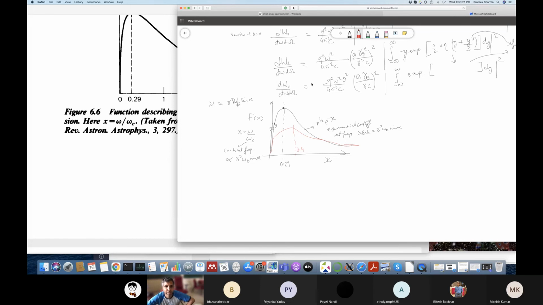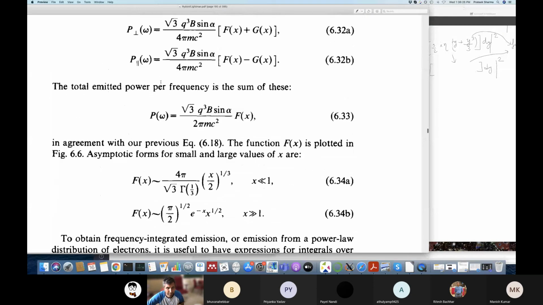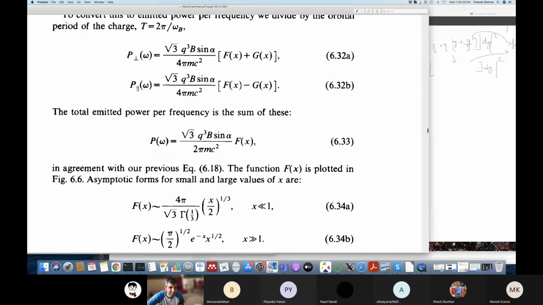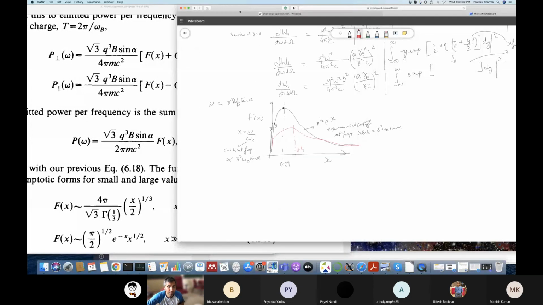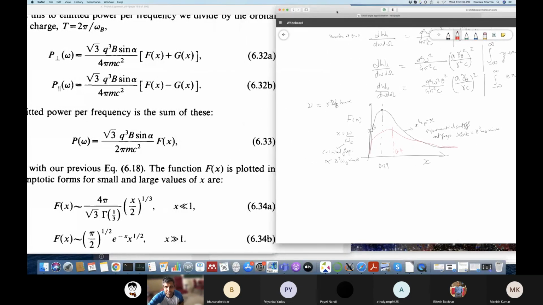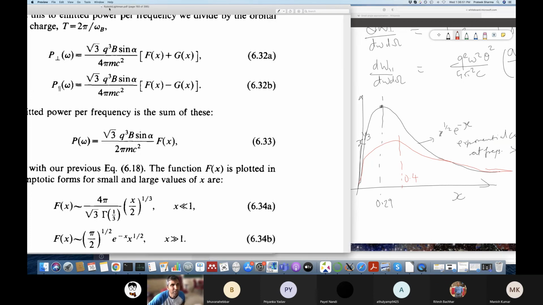So, as you can see, this parallel polarization will actually be 0 at high frequencies, and now I guess this difference peaks where you have maximum, where this difference peaks, that's where you will have maximum power in the parallel polarization.